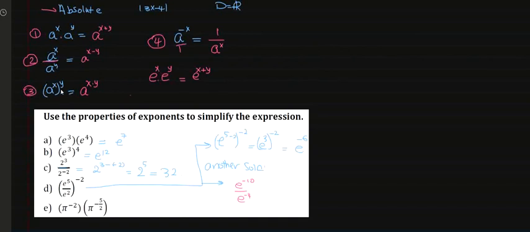This is what we do in property 3. The inside and outside powers are multiplied. And then we apply the division effect, which is negative 10 minus the negative 4, which is negative 10 plus 4, which gives e to the power of negative 6.